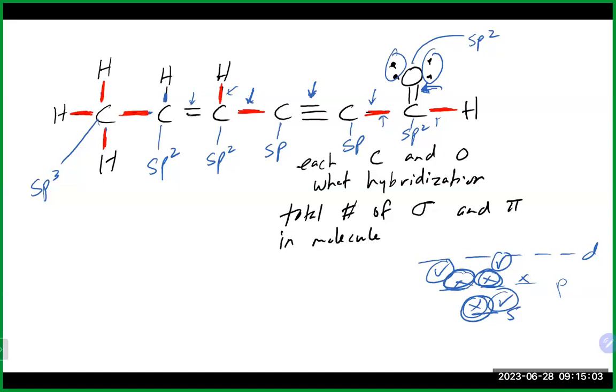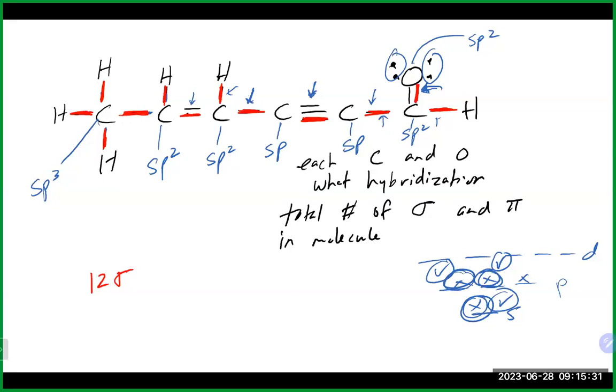So that means that is 9, that is 10, and I'm not sure if I missed that guy. That might be 11 right there. So 1, 2, 3, 4, 5, 6, 7, 8, 9, 10, and 11. And one more over here makes 12. So it's got 12 sigma bonds, if I didn't miss any. Any questions on that there?